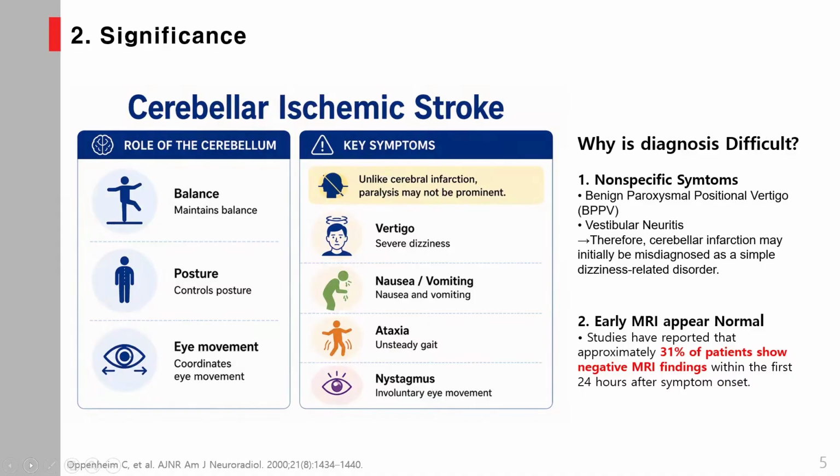As a result, cerebral stroke is often misdiagnosed in the early stage, leading to delays in diagnosis and treatment. In addition, studies have reported that approximately 31% of patients show negative MRI findings within the first 24 hours after symptom onset. Therefore, a faster and more objective diagnostic method is needed.